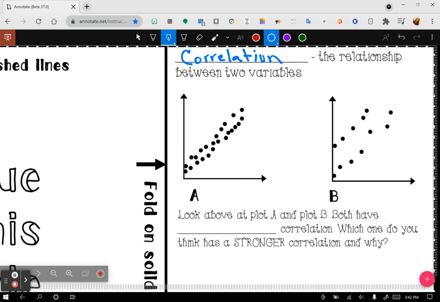So correlation is the relationship between two variables. Like I said, we're going to be talking about that again today.